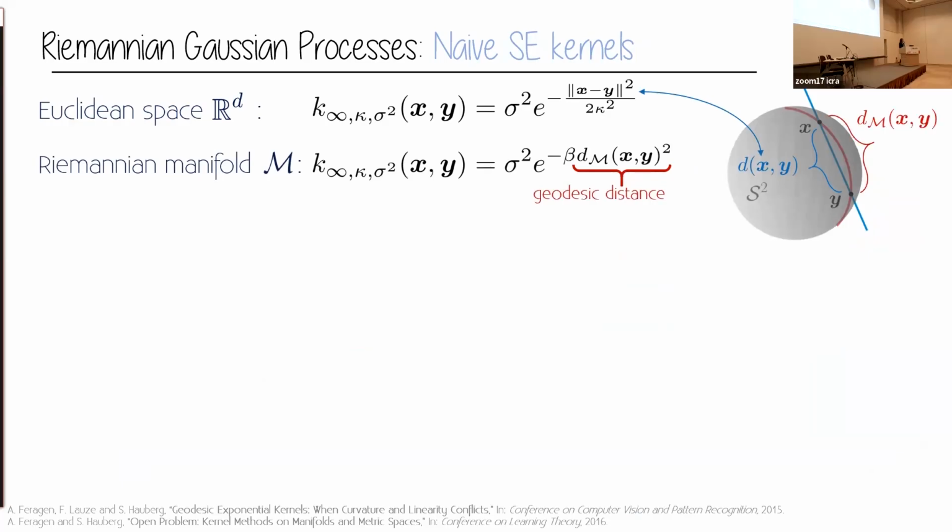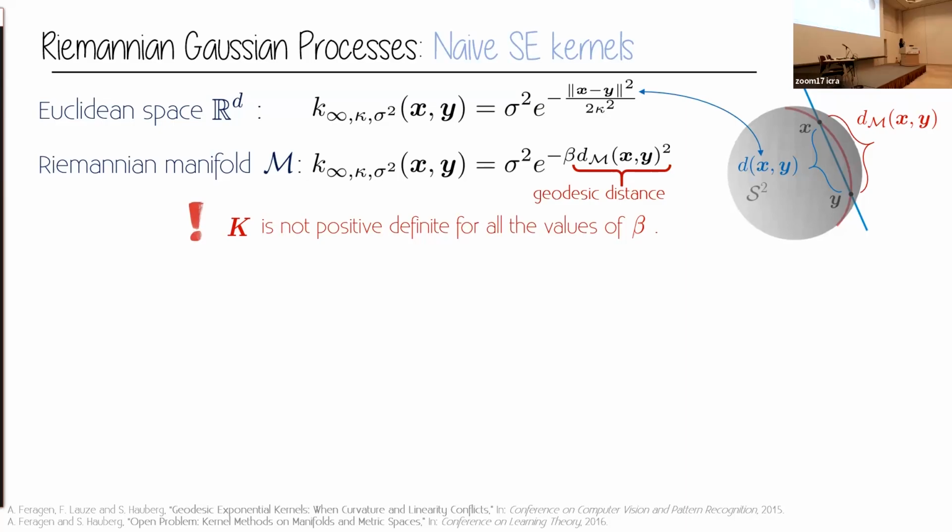This should allow us roughly to take into account the geometry of the data. The issue here is that this kernel matrix is not positive definite for all the value of beta here, which is the inverse length scale. And for a valid Gaussian process, this kernel function must be positive definite. This is really a strict requirement.